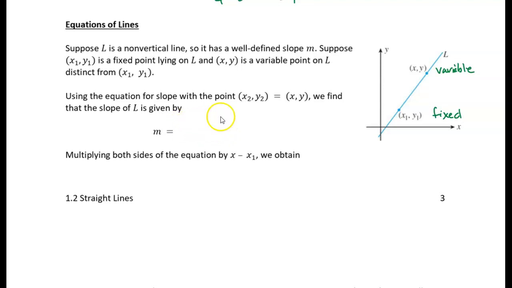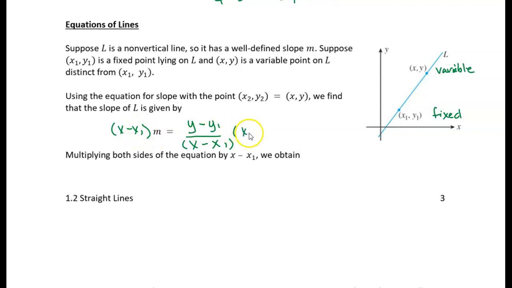So I'm going to calculate the slope by taking the difference in the y values and the difference in the x values. So x minus x1. And I can rearrange that equation, like if I multiply both sides by this quantity x minus x1, right?